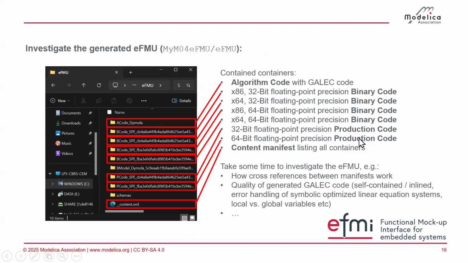And then you have the two production codes for 32-bit and 64-bit floating point precisions. And you have this manifest XML, which is like in eFMI. This one lists all the different containers. In principle, you can dig into each of them and look into them. You can see this cross-referencing between the manifest that I described before. You can look at the Galley code and see, oh, this is a quite readable representation of an algorithmic solution. You can see a lot of things going on.